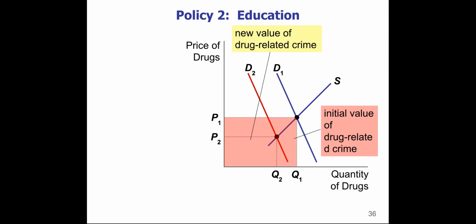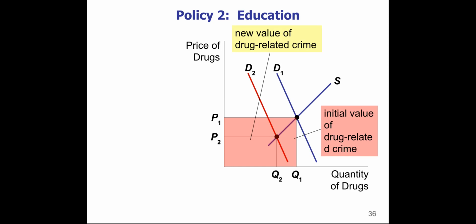When you go and educate people who would have been potential users of drugs and they choose not to do drugs in the first place, not to get addicted, and then not to have all of the negative side effects from drugs, it decreases the demand. So when we decrease demand here, you'll notice that the price and quantity of drugs reduces pretty significantly.